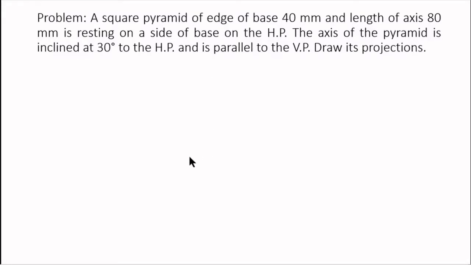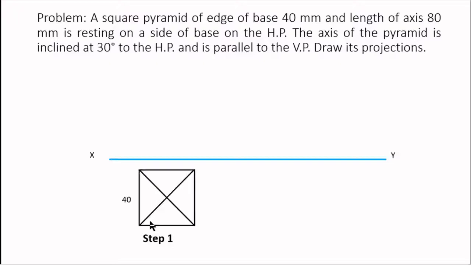Okay. So the step 1 would be drawing the XY line, and then we draw the square. And since the edge condition is given, the side of base is in HP, so we have to keep one side of this square of base towards the right.